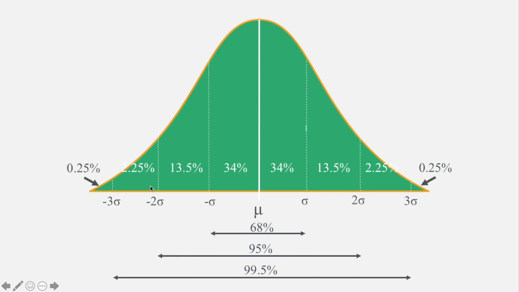We know that half of everything is on this side of this line, while the other half is on the other side. 13.5% of the results fell right here, and 34% of the results fell right here. So we're able to divide it up into percentiles when we have a normal distribution.